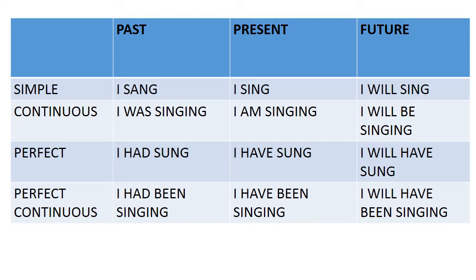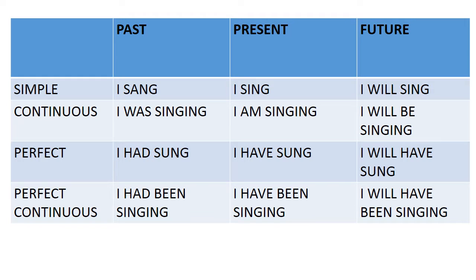Moving on now to continuous tense. Let us start with past continuous tense. Here ing is added to the main verb sing to make it singing and the helping verb or auxiliary verb here is was. I was singing, which represents past continuous tense.